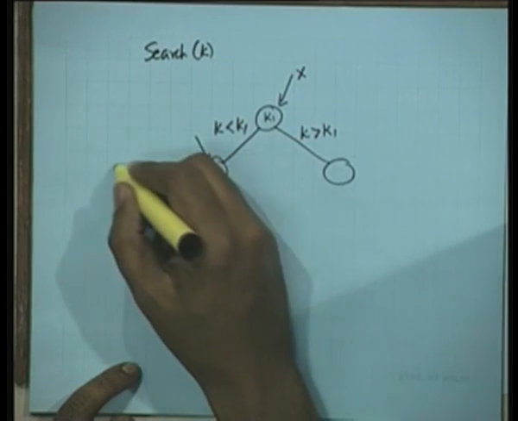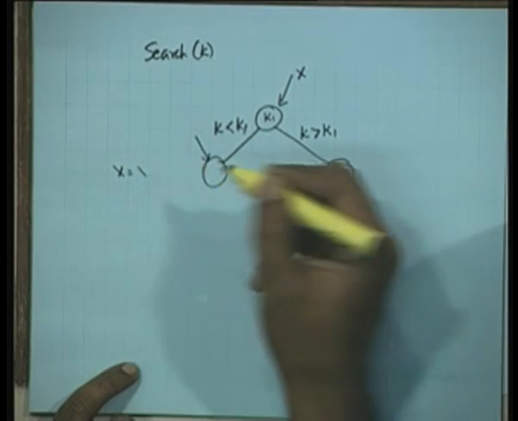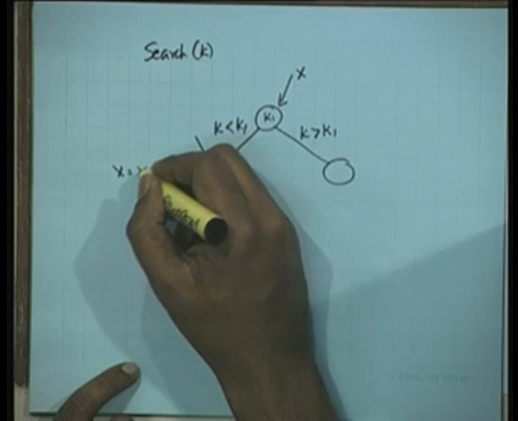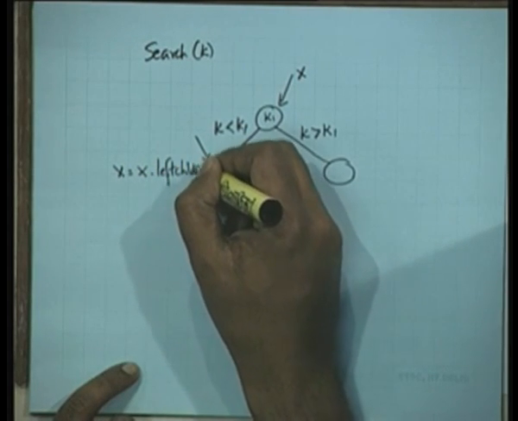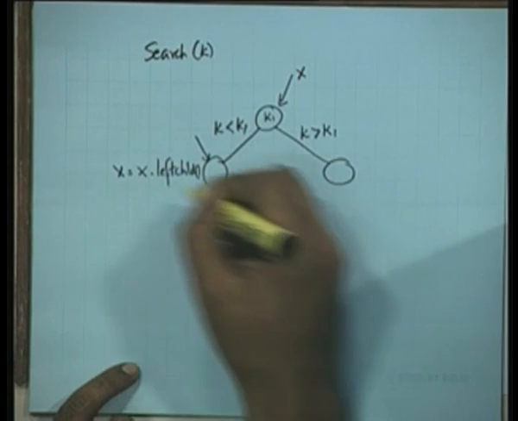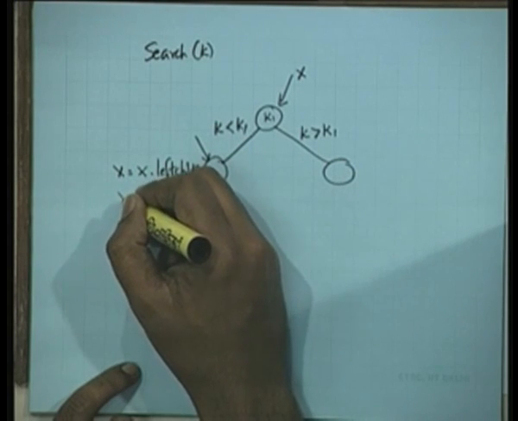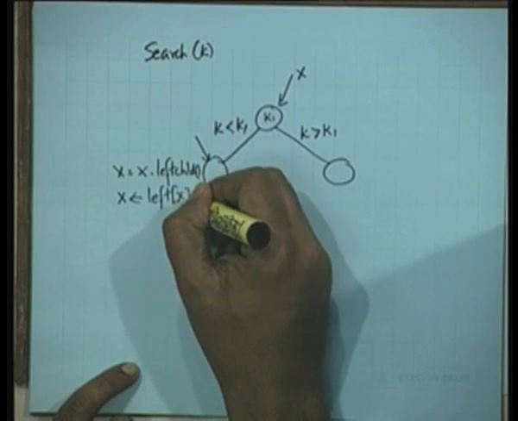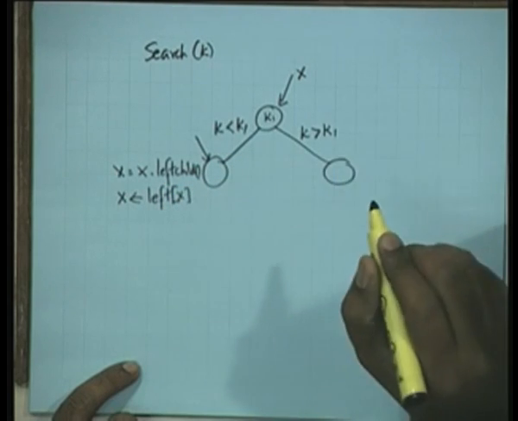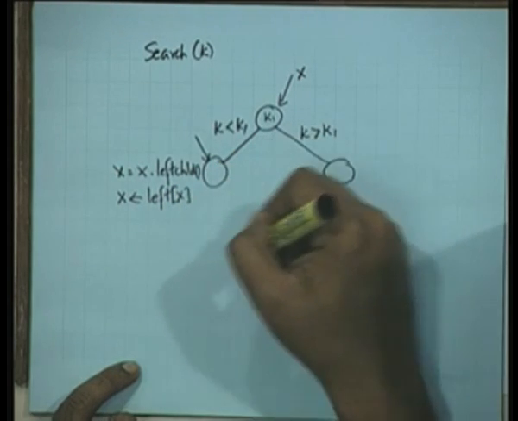So x gets a new value, which is either x dot left child, or actually in the code that I showed you just now, I had written it as x gets left of x. In pseudocode, I can use any one of these. So this is what it gets to, and we continue the search.